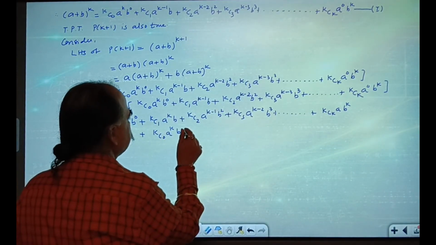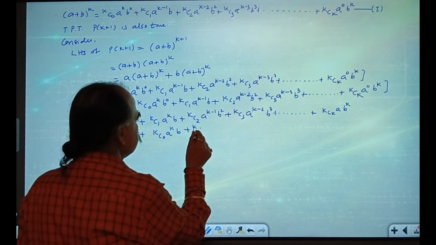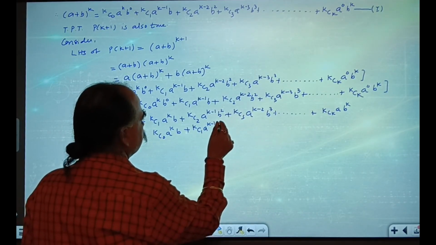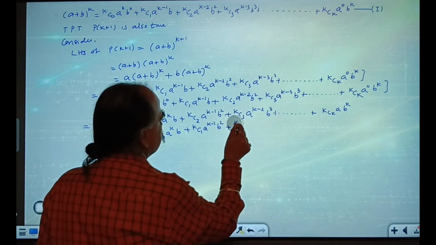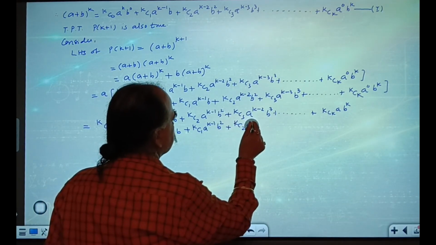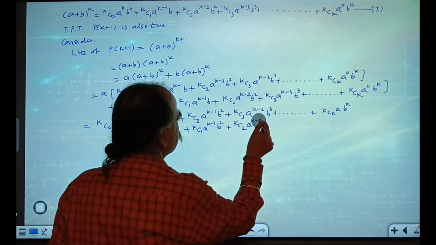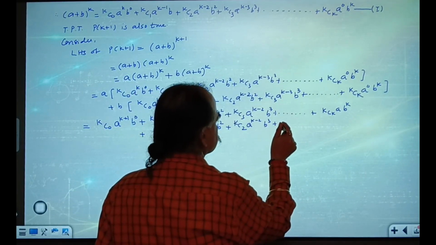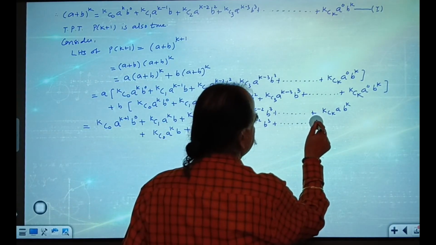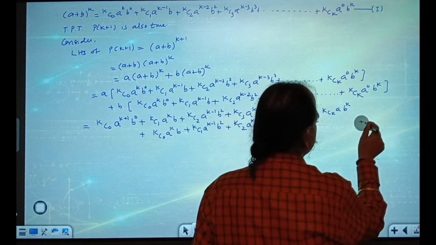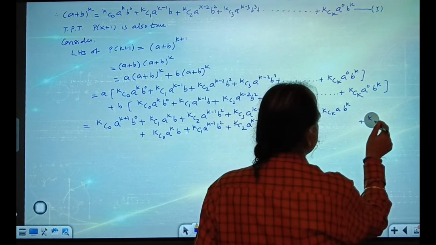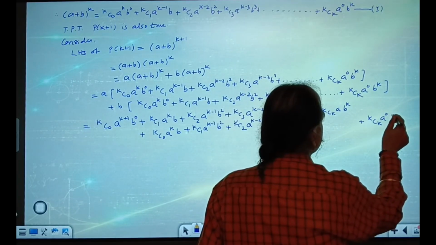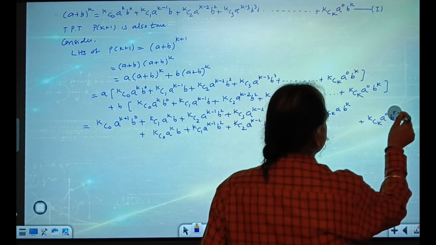Then here you multiply, will give you what? kC1 a raised to k minus 1, b square, plus kC2 a raised to k minus 2, b cube, and so on, plus kCk a raised to 0, b raised to k plus 1.